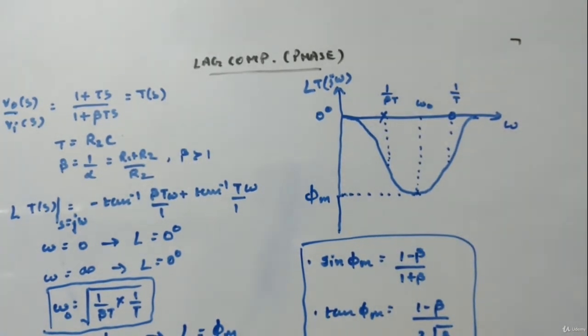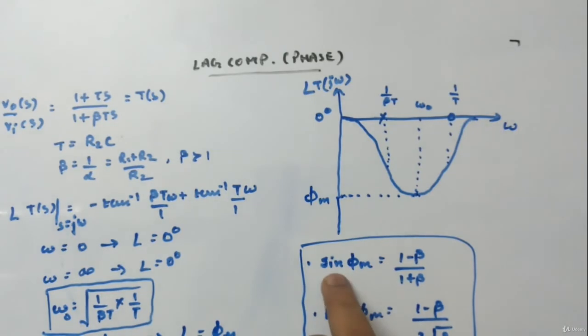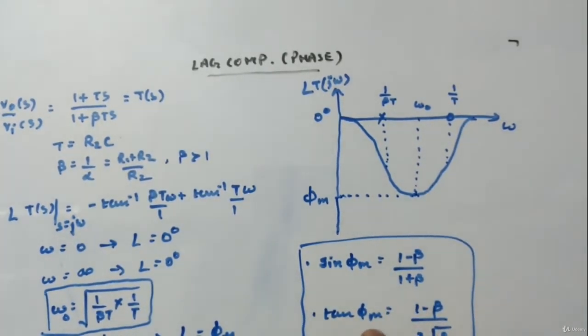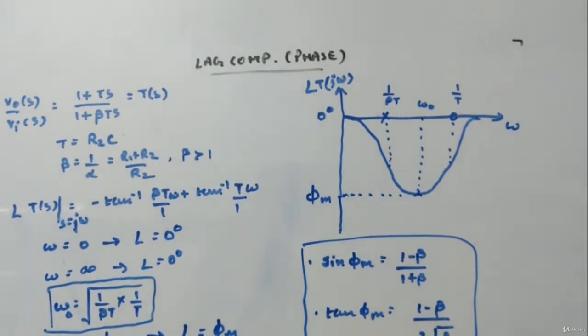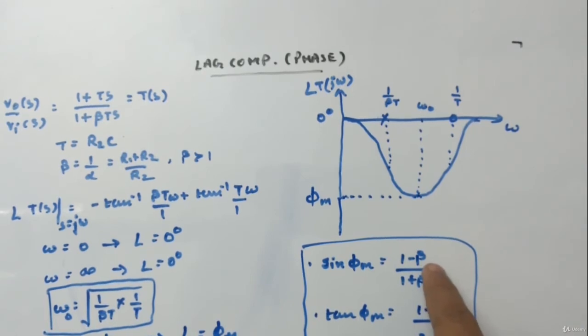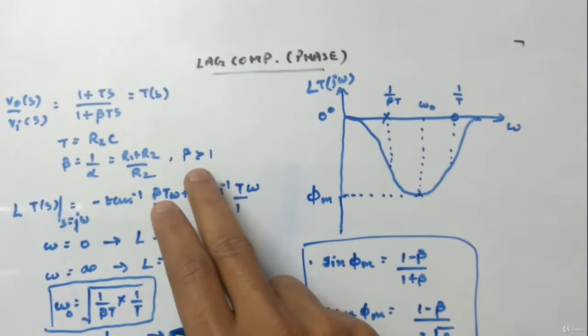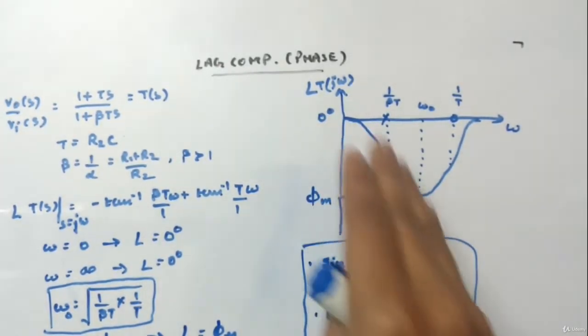Now this maximum phase can be calculated as sin phi m equal to 1 minus beta divided by 1 plus beta, or tan phi m equal to 1 minus beta divided by 2 under root beta. Mind you, in the lead compensator we had alpha in place of beta, and since here beta is greater than 1, the angle will come out negative, which is perfectly fine.